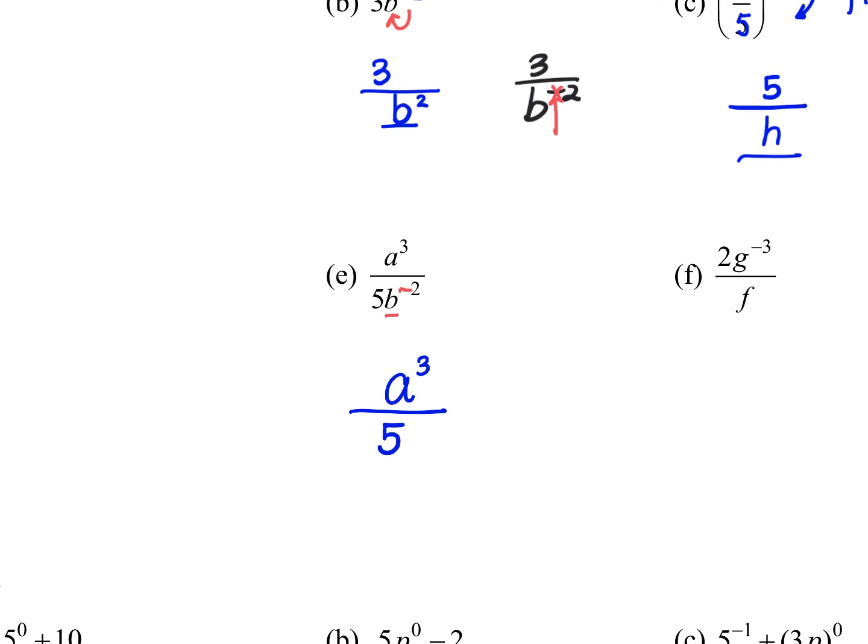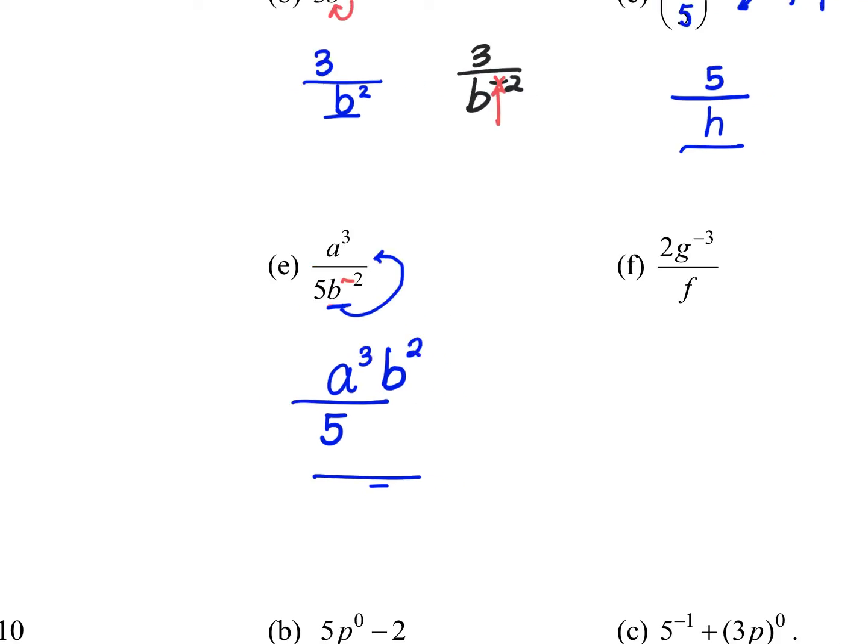So only B itself will switch the position to be in the numerator, which is B. But now we have changed it to the positive index form. So it's no longer negative 2. It will be B to the power of positive 2. So this will be the answer. Alright, so in this case, only B has the negative power, so only B will shift the position.